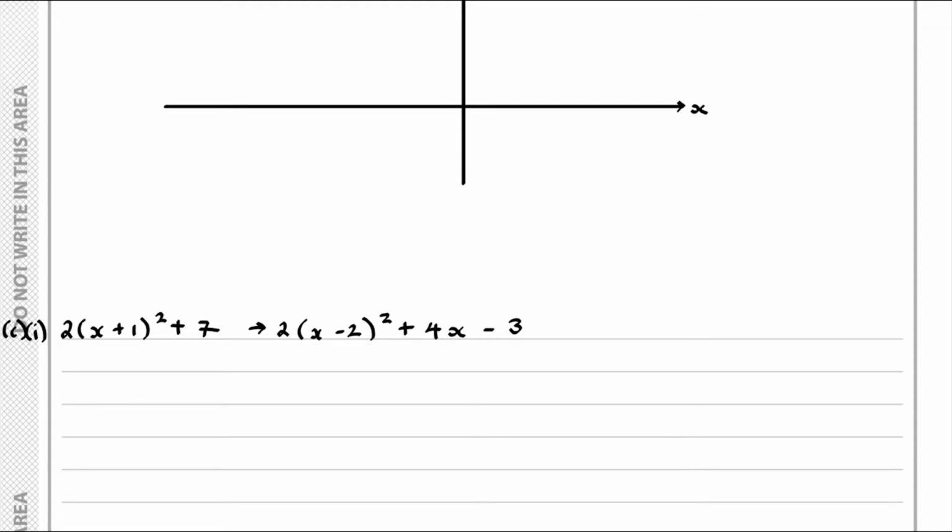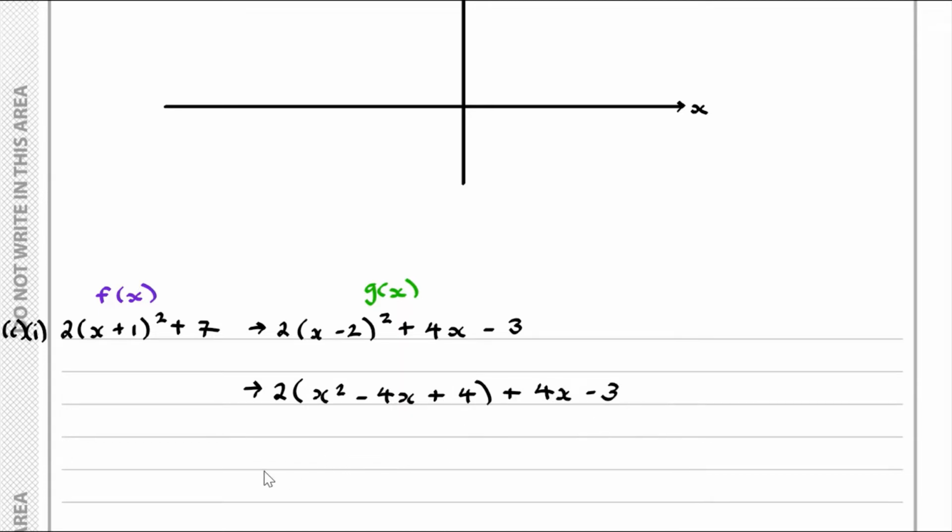So essentially we have over here f(x), and here we have g(x). And if we tidy this up, well, we have 2 lots of (x - 2) all squared, so that would be x squared minus 4x plus 4, and then we have this 4x minus 3 as well.